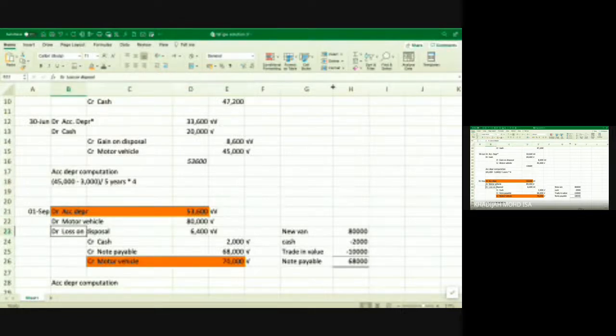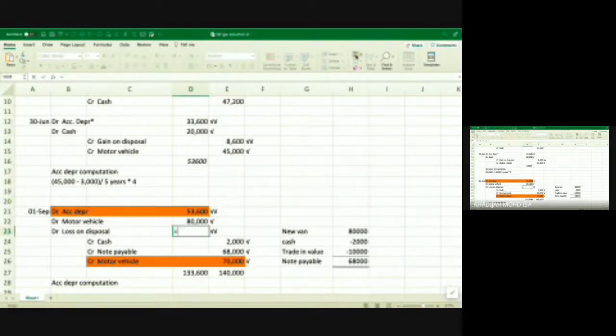But before that, let me delete this first. On this side, what do you have? You have 133,600, and on this side you have 140. So when you see that there's a 140 and 133,600, you know that you have to add in this value. So what is the value here?